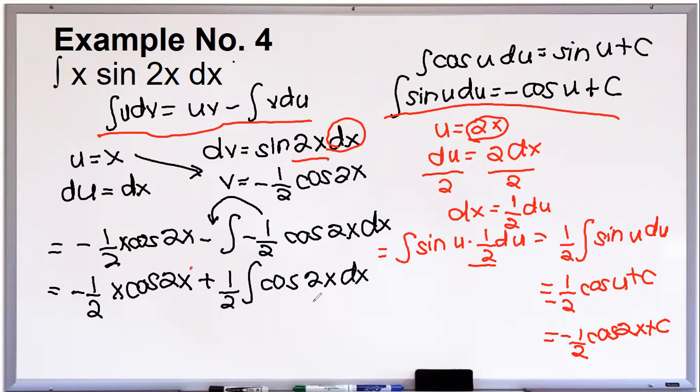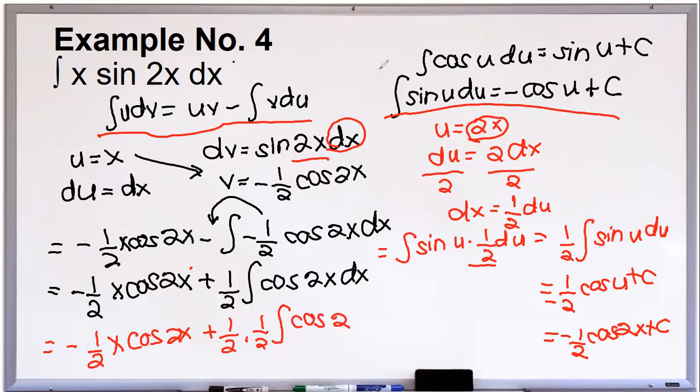So pag nag-substitution ka, ganito. So negative 1/2 x cosine of 2x plus 1/2. So magkakaroon ka ng 1/2 ulit na neutralizing factor. Then integral of cosine of 2x dx.